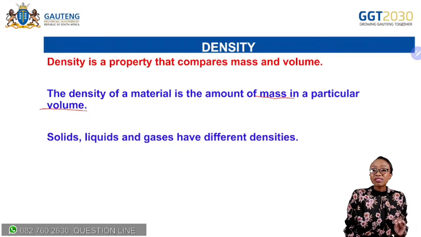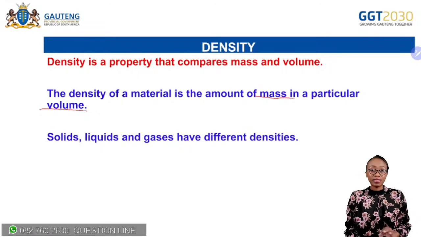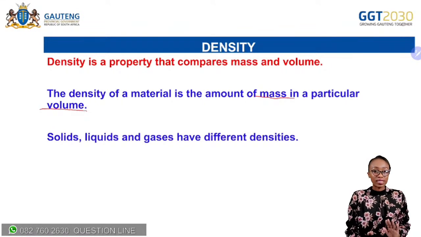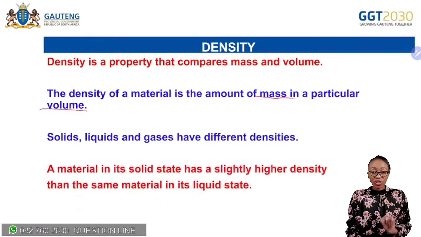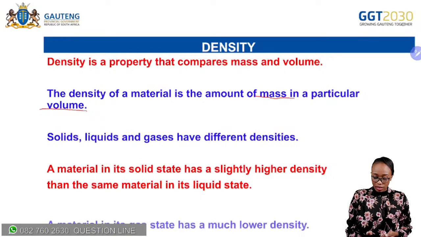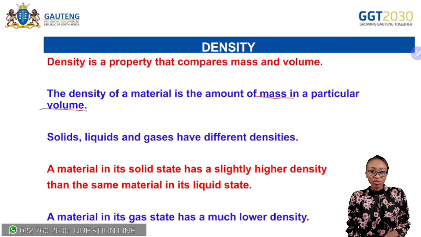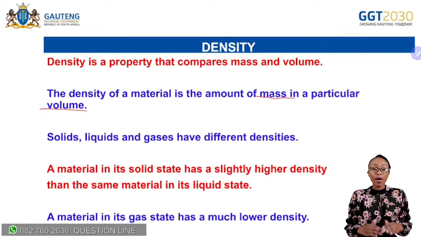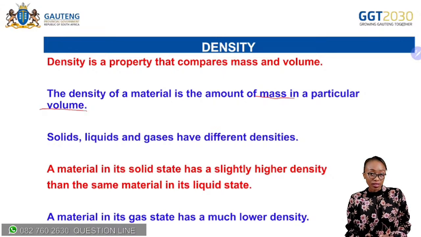So solids, liquids, and gases, they all have different densities. So a material in its solid state has a slightly higher density than the same material in its liquid state. And that same material in its gas state has a much lower density.